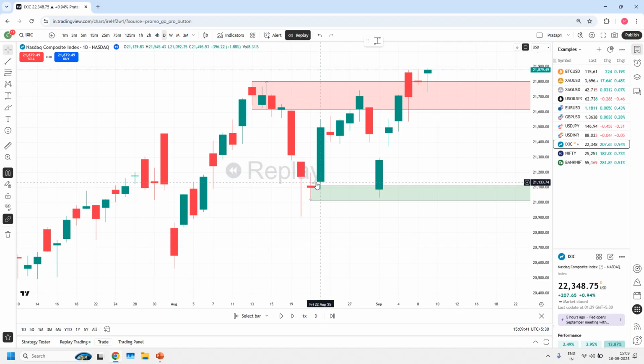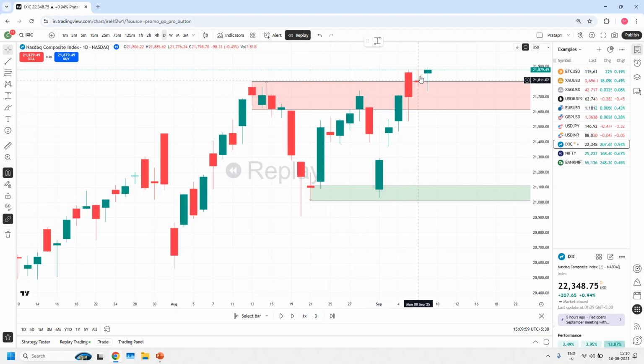Now this demand zone got an achievement as a violated opposing zone, because this demand zone is responsible for the violation of the supply zone. That way it got the zone achievement.